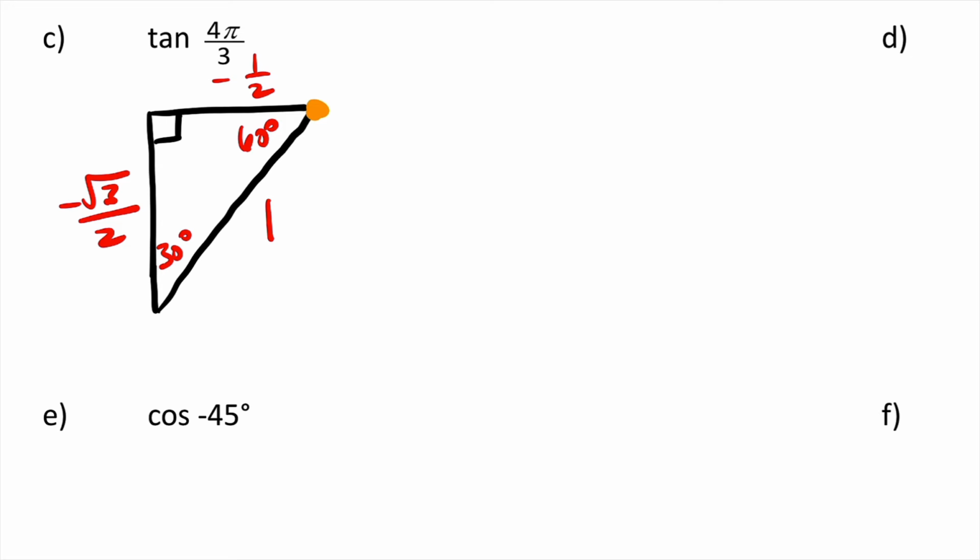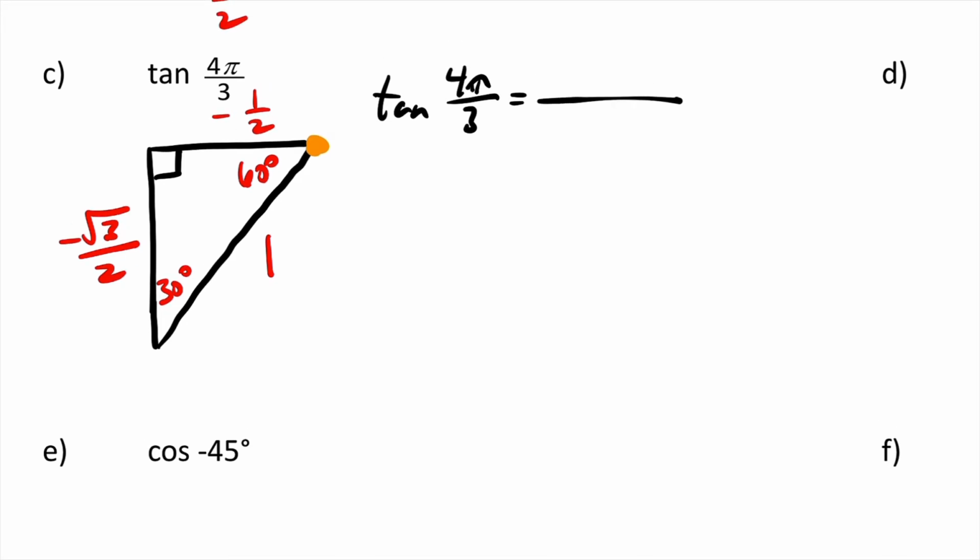Okay. Now I am going to solve. I'm going to go tangent. Tangent is opposite over adjacent. Opposite over adjacent. So from the dot, opposite is negative root 3 over 2.